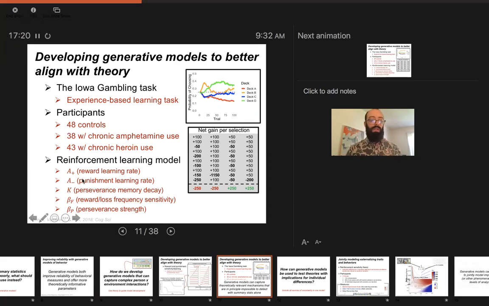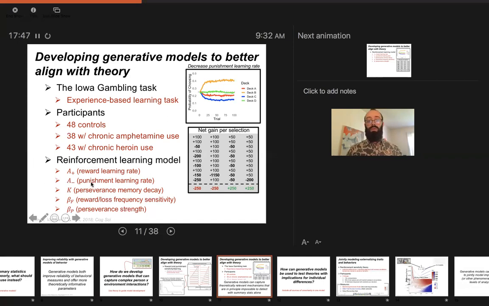But what happens sometimes is if I lower the punishment learning rate, so I'm not sensitive to this large loss, then I never unlearn my preference. So I continue to make bad decisions, even though the environment is responding in a way where I should change my behavior, but I'm not, because I'm not sensitive to punishments. Thinking back, we talked about how lower learning rates could lead to a preference for immediate over delayed rewards.